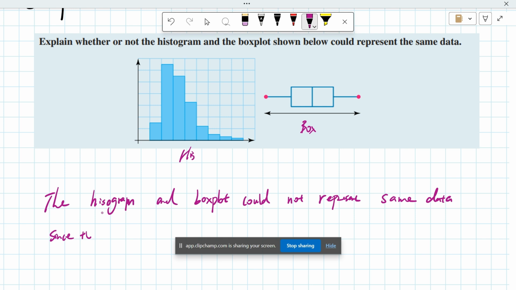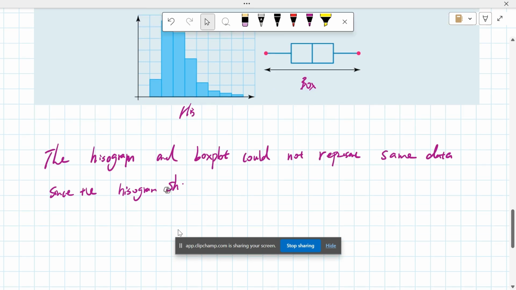Since the histogram shows, sorry, shows the distribution.